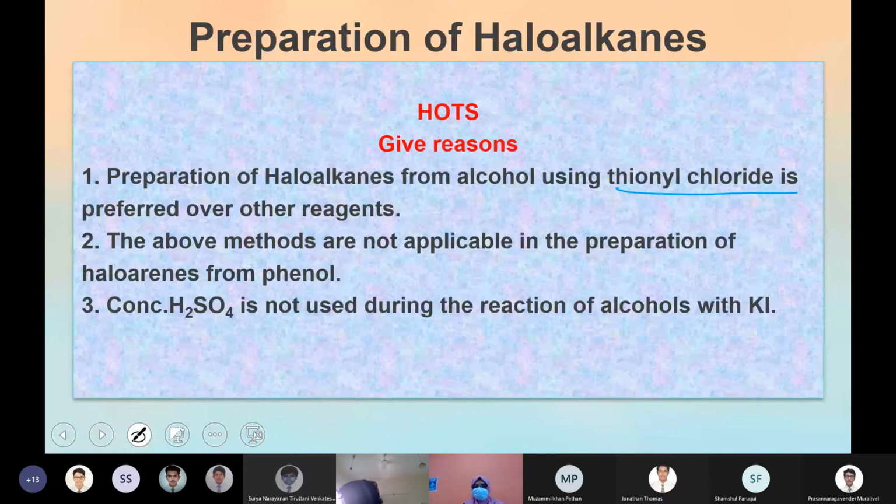Why is preparation of haloalkanes from alcohols using thionyl chloride preferred over the other reagents? Because in this reaction with thionyl chloride, HCl and SO2 are formed as byproducts and they are in gaseous state, so haloalkanes do not require any other separation methods, unlike in the other two methods.